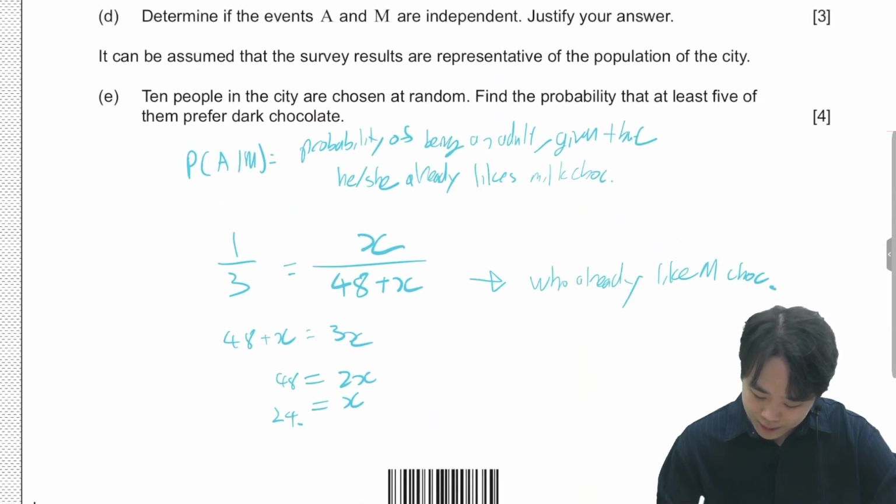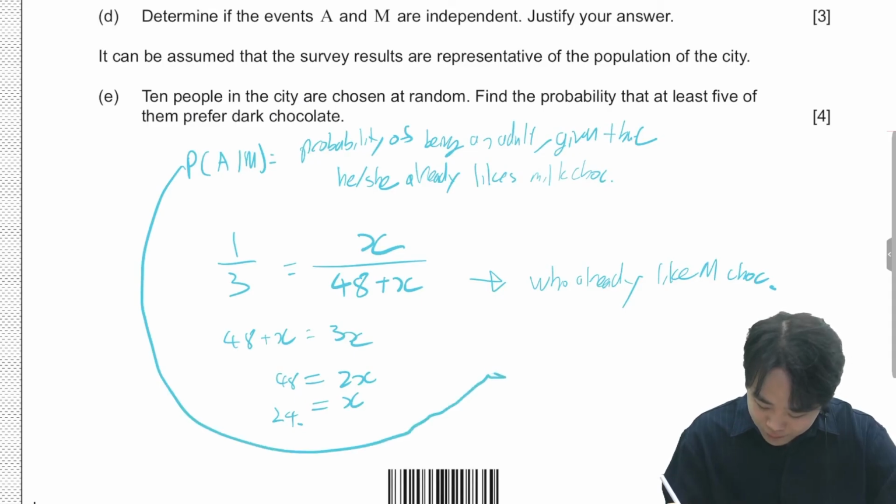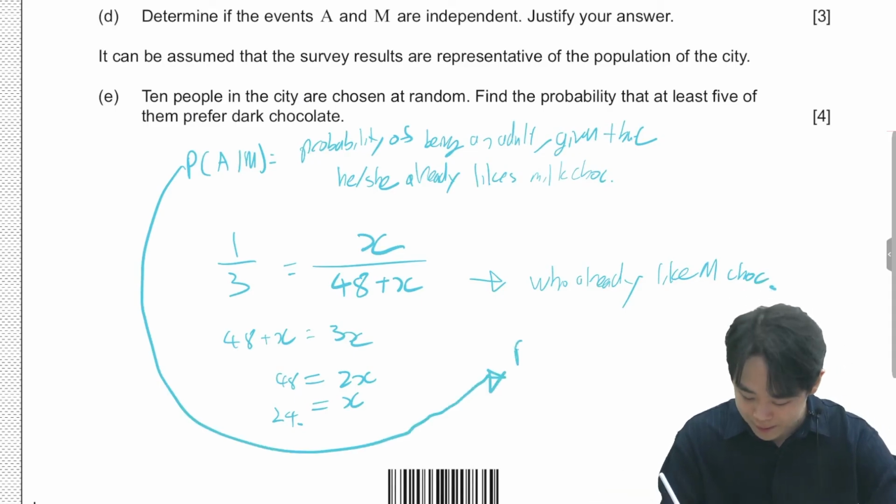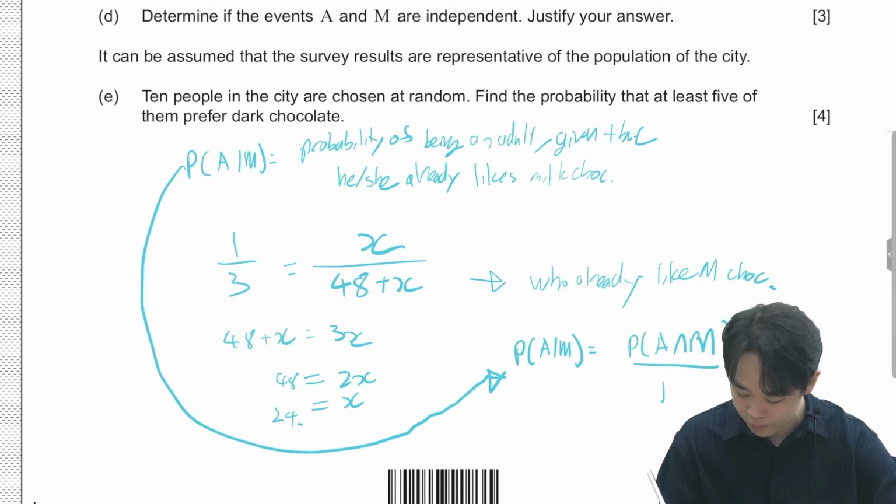Technically speaking, the formula for conditional probability looks something like this. The probability of A given M is simply the probability of A and M over the probability of M, which is basically what we did here. What's the probability of having a milk chocolate lover?